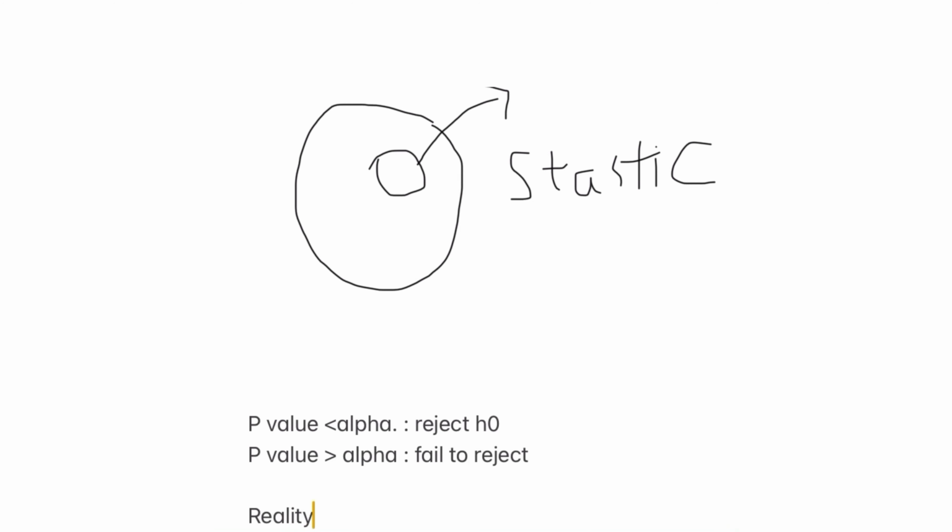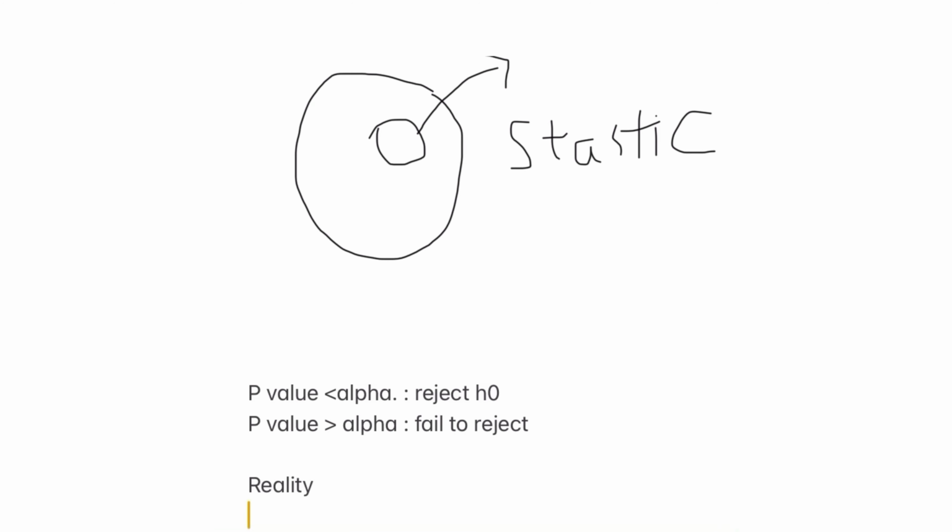There is a reality up here. There are two possible scenarios in reality. One is that the null hypothesis is true, and the other is that the null hypothesis is false.